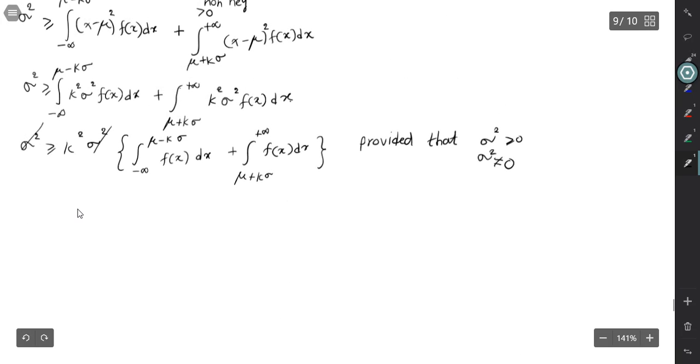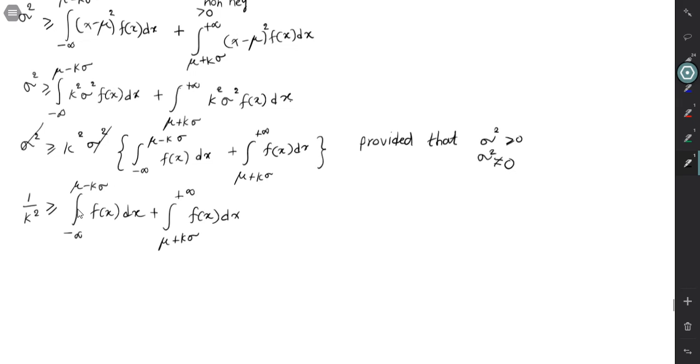So what do you get? You have k square in the left hand side. If you take it to the other side, you get 1 over k square greater than or equal to the integral from negative infinity up to mu minus k sigma of fx dx plus the integral from mu plus k sigma up to plus infinity of fx dx.